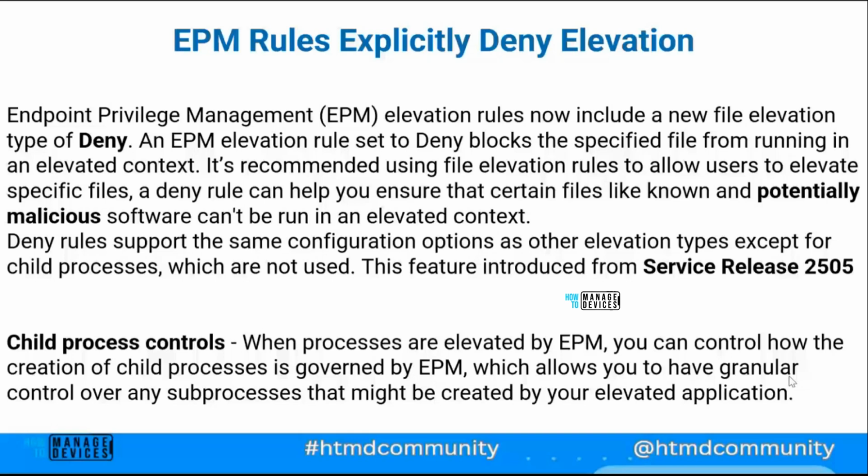A deny rule can help you ensure that certain files, likely potentially malicious software, can't be run with an elevated context. That is the main use case for this add-on. The deny rule supports the same configuration options as other elevation types, except for child processes, which are not used. This feature was introduced from Intune service release 2505 onwards.